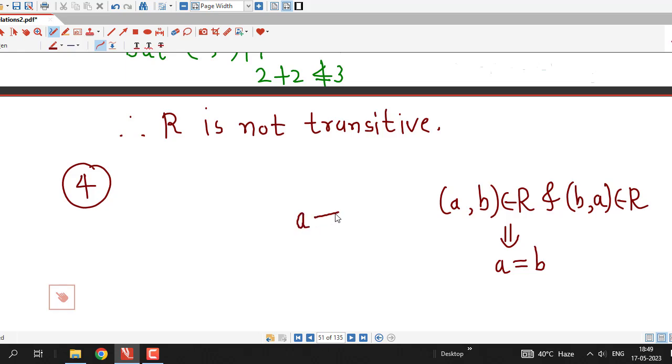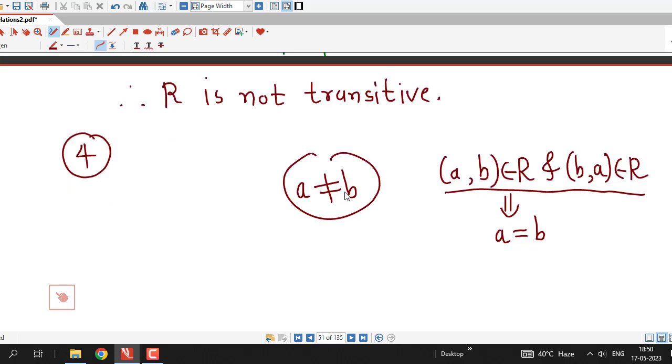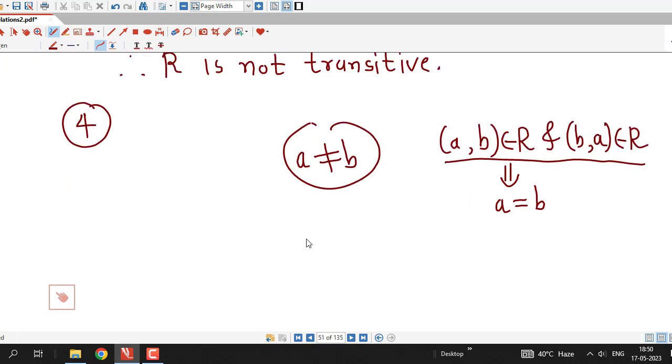In other words, if a and b are different, then this cannot be true. If a and b are different, then either (a, b) belongs to R or (b, a) belongs to R. Both cannot be related if a and b are different. So suppose we try to prove this first.